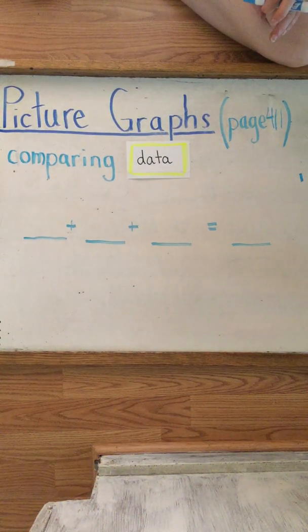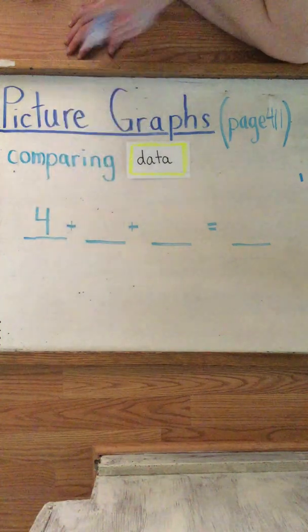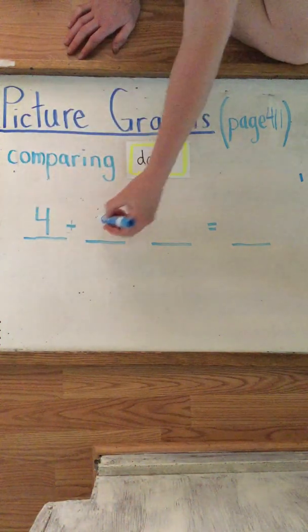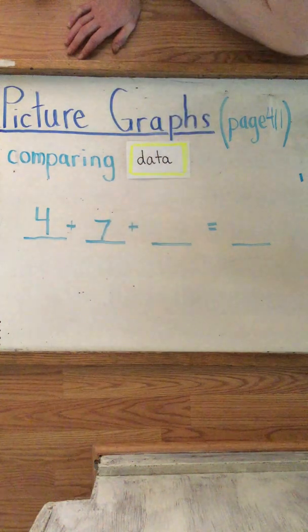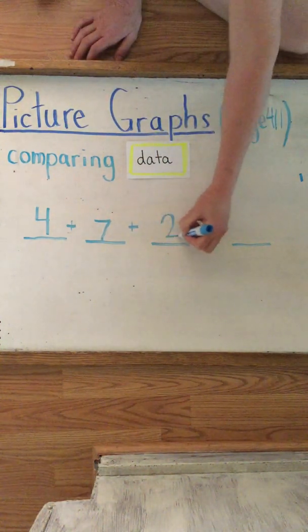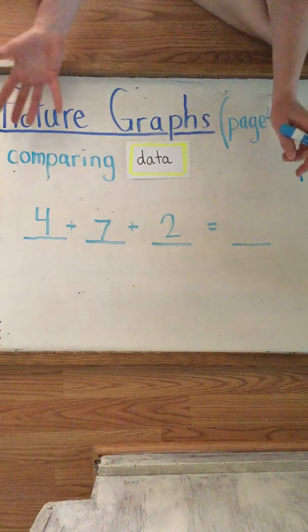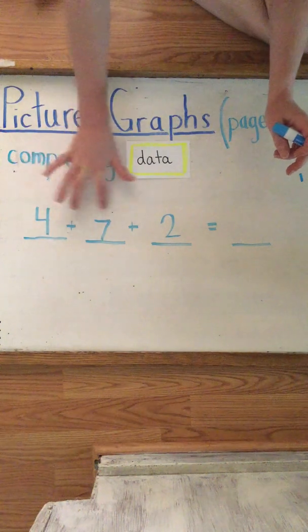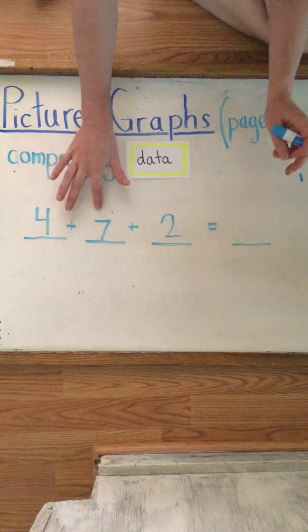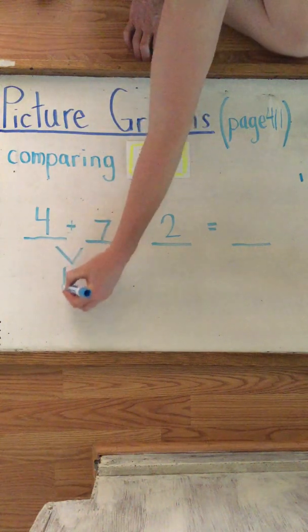Well, I know that 4 kids have a cat, so I'm going to put that there. I know that 7 kids have a dog, so I'm going to put that there. And I can see that 2 children have a bird, so I'll put that there. And you could even use your knowledge from 4 plus 7 that we already did, which was, yep, you're right, 11.